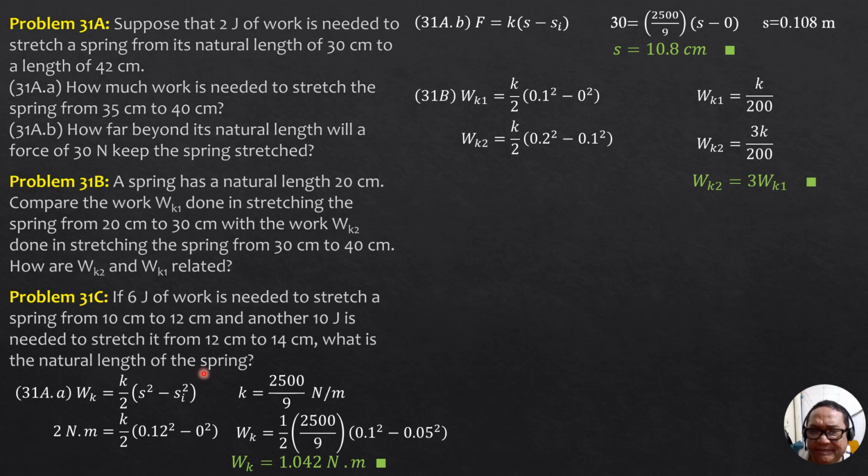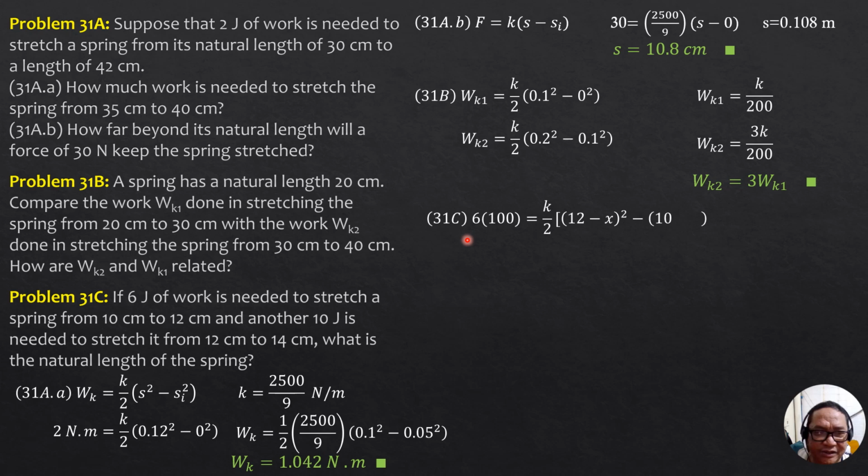Then problem 31C, if 6 joules of work is needed to stretch a spring from 10 centimeters to 12 centimeters, and another 10 joules is needed to stretch it from 12 cm to 14 cm, what is the natural length of the spring? So I will express the work done by the force in the spring in Newton centimeters instead, and I'll let x be the natural length of the spring.